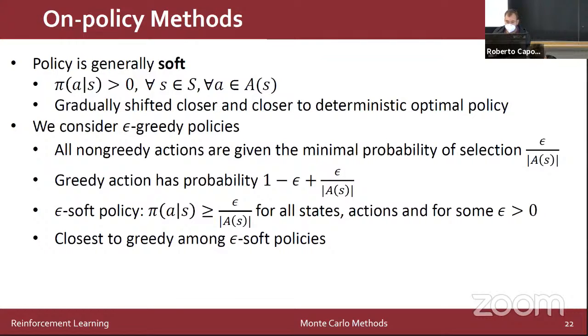So this is the on policy case. So what does it mean to be on policy? Being on policy means that we are estimating the value for the same policy that is generating our transitions. What does it mean practically? It means that I start, for example, with a random policy.